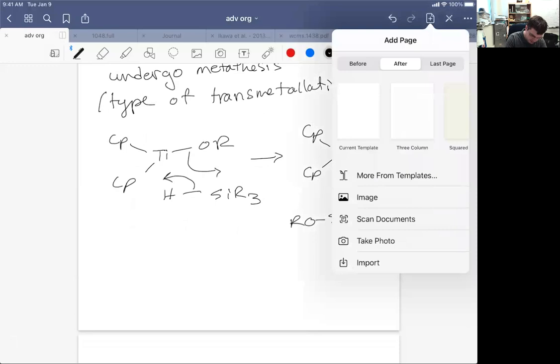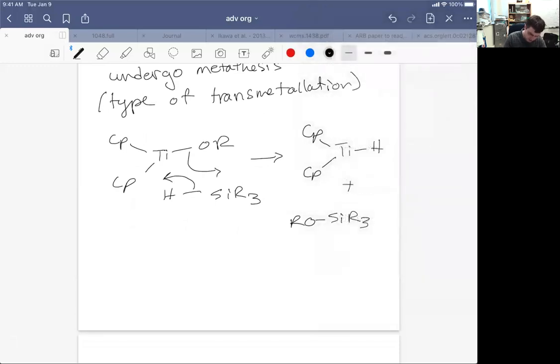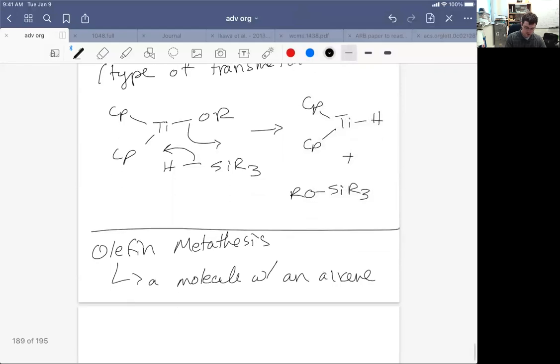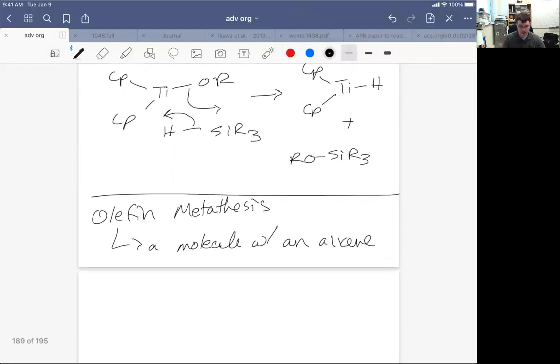Olefin metathesis is an interesting word, and Grubbs and Schrock were awarded Nobel Prizes a few years ago. Olefin refers to a molecule with an alkene, but you don't hear people calling this alkene metathesis.